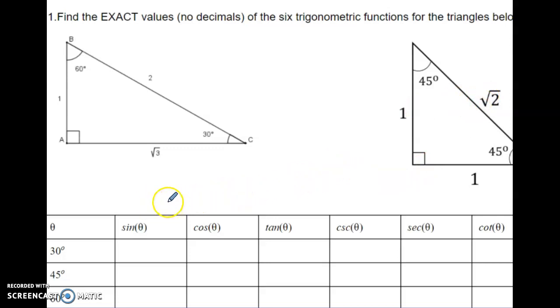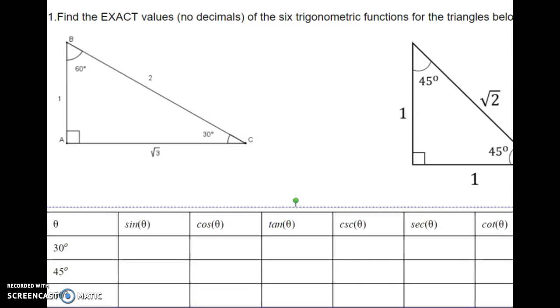So let's fill out this table here to show the different proportions and relationships. First we're going to start with the sine of theta. If you remember, sine is opposite over hypotenuse.